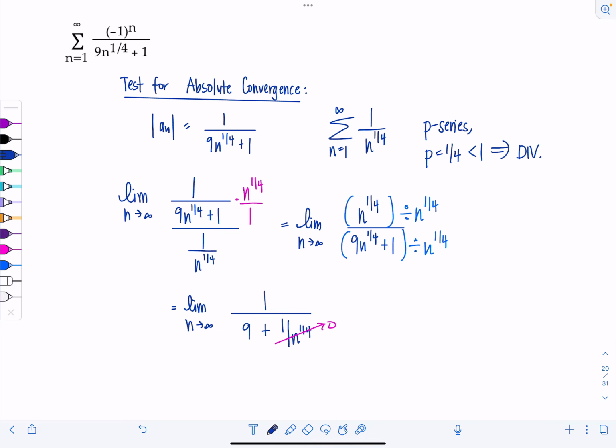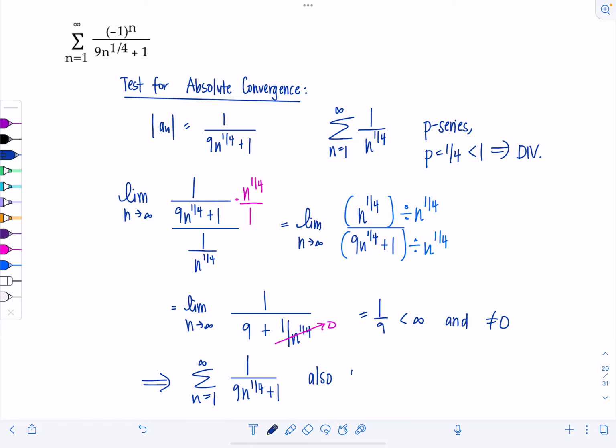So we're just left with 1/9, which is finite and not 0. So what does that tell me? My series does the same thing as the one that I compared it to, which means the sum n equals 1 to infinity of the absolute value of an, so just 1 over 9n to the 1/4 plus 1, also diverges by limit comparison test.